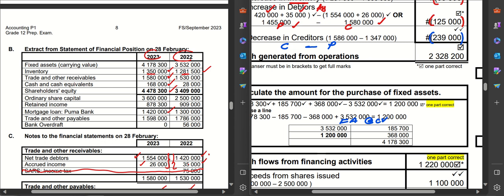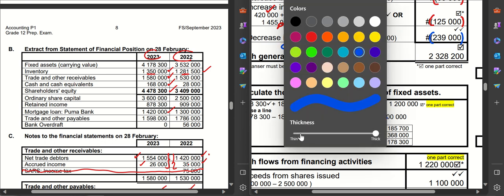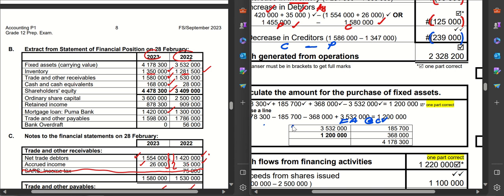So if I come to it, the first thing that we have here is the balance brought down at the beginning, which is your 3 million here. And then you're going to have your balance at the end, that is your carry down here, 4,178,000.